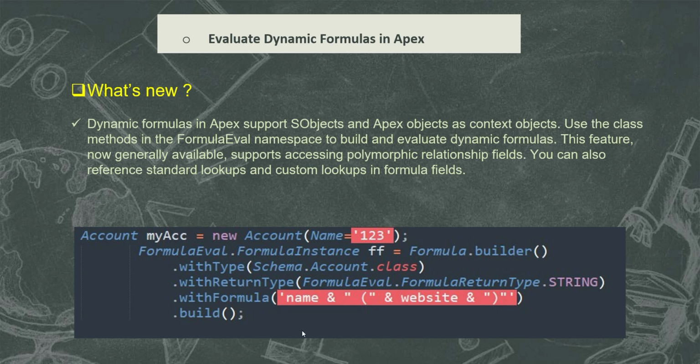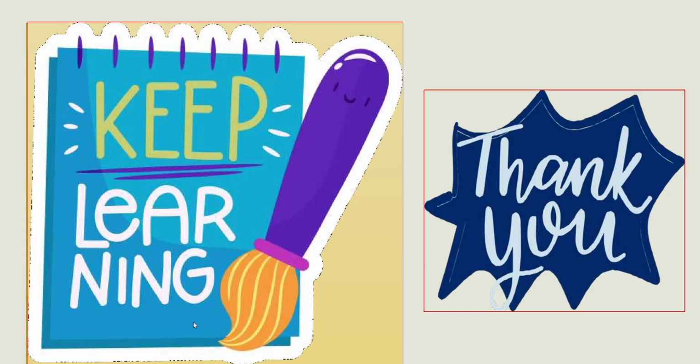As you can see, that is Formula evaluation, FormulaInstance, and Formula.builder with type Schema Account.class with return type FormulaEval.FormulaReturnType.STRING, with the formula adding name and website. You can use dynamic formulas in Apex with Formula.build. Okay, yeah, this is all about the developer features released in Spring 25.